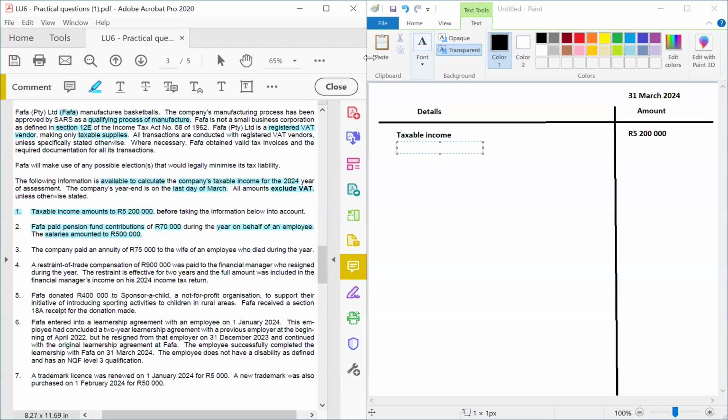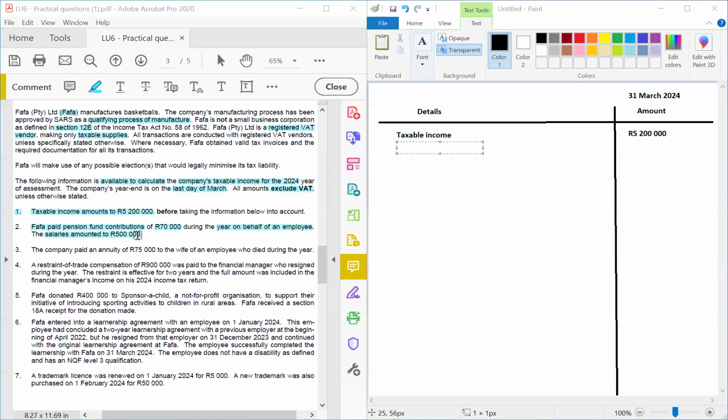Okay, let me come to the rescue. There is a comment in the chat box: it's a two-part statement. One is a pension fund contribution and the other one is salaries, right? Great.